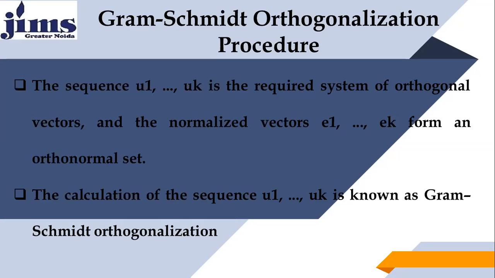So the Gram-Schmidt orthogonalization procedure is a procedure to calculate the sequence U1, U2, U3 up to UK. These are the orthogonal vectors from the given linearly independent vectors V1, V2, V3 up to VK. Okay.